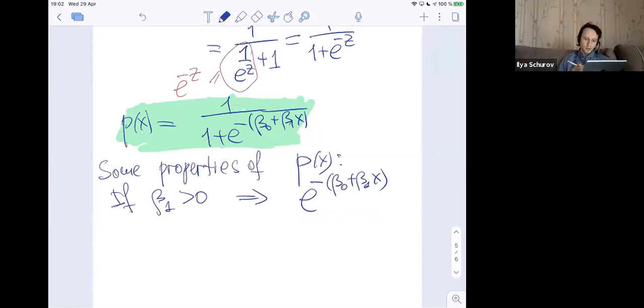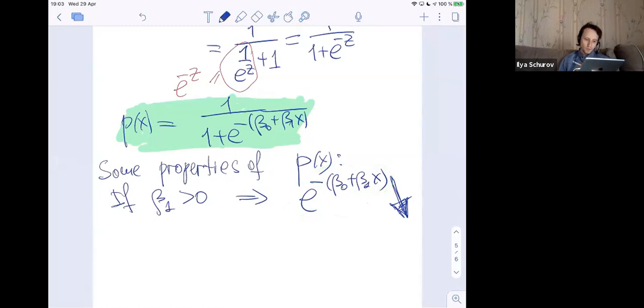Okay, this function is decreasing, right? Because exponential is increasing, but I have minus here, and if beta1 is positive, then everything here is decreasing and the exponential function is decreasing, right?